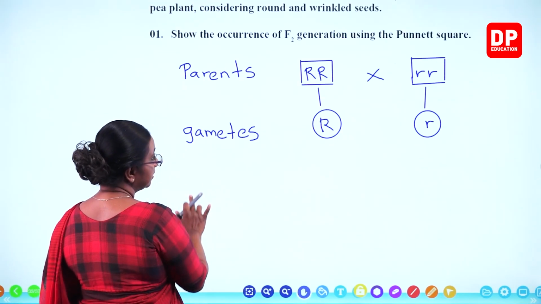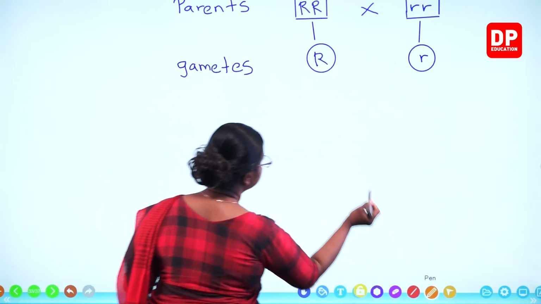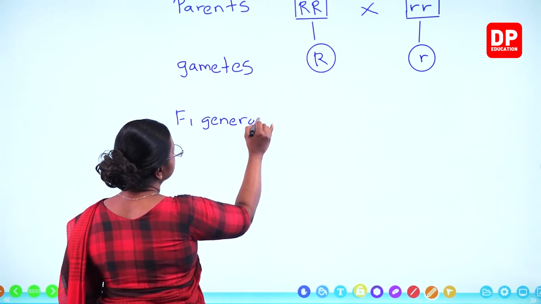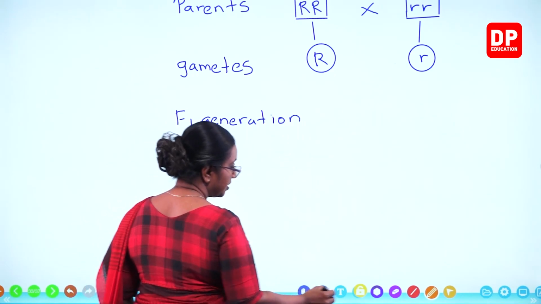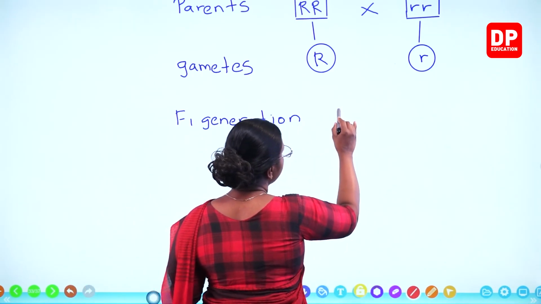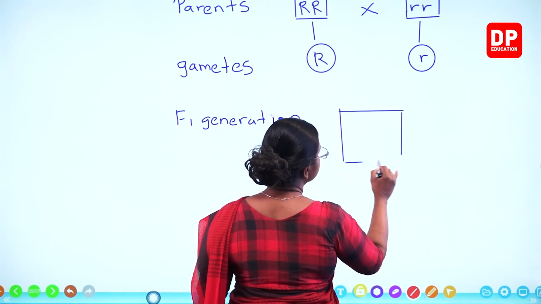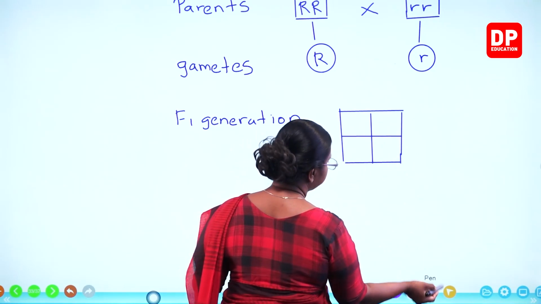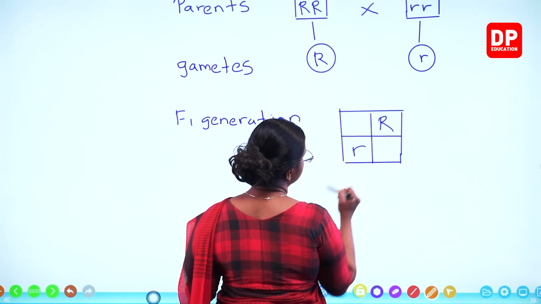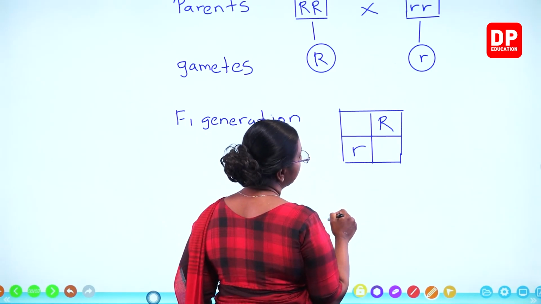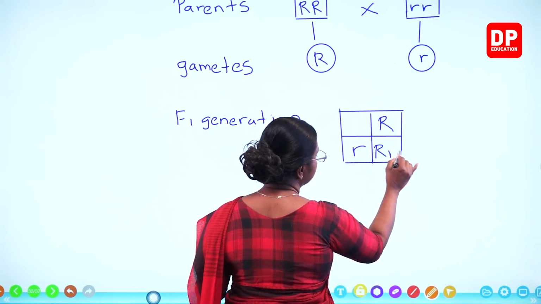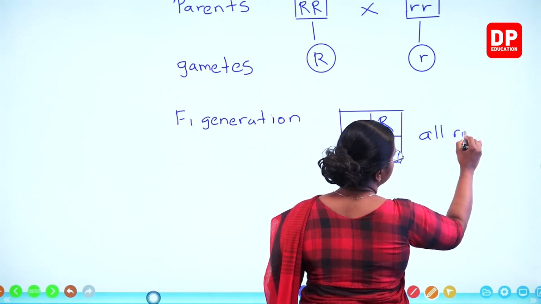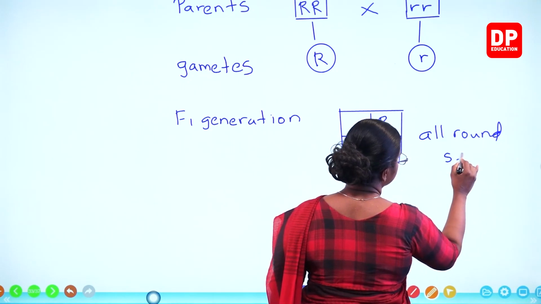Then you have the F1 generation. Again you need to use a square, but only thing is you just divide them like that, because capital R, simple R, only one type of gamete from each parent, and combination is this, all round seeds.